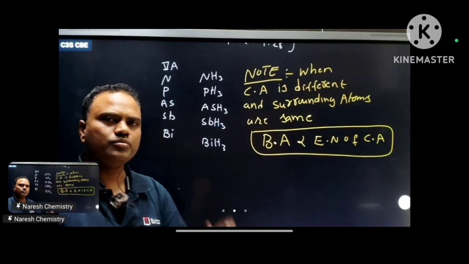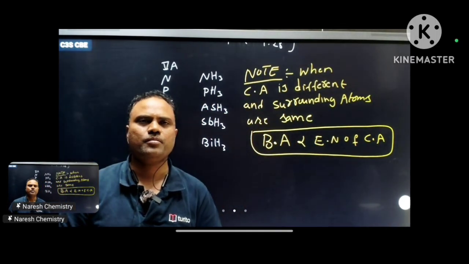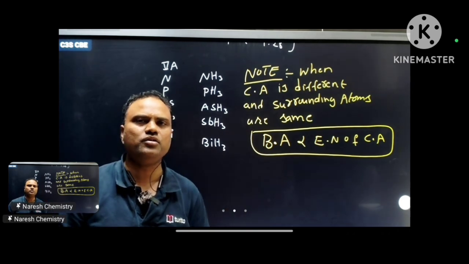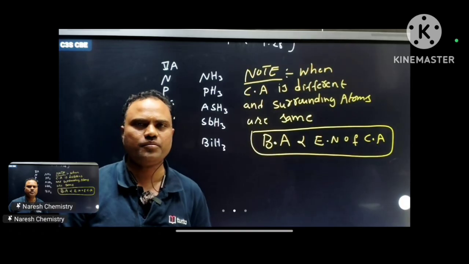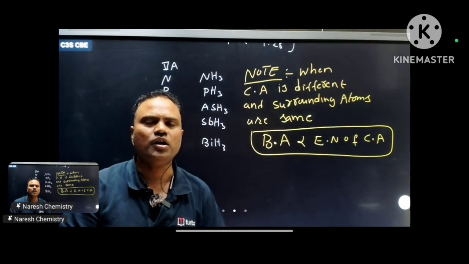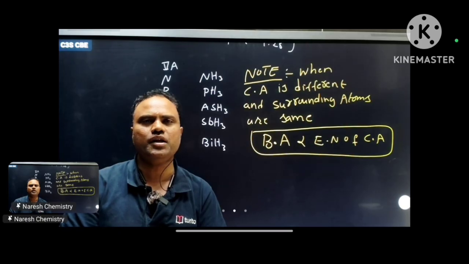You have to observe the given hydrides, whether the central atom is the same or different. If the central atom is different and the surrounding atoms are the same, remember this condition: bond angle is directly proportional to central atom electronegativity.